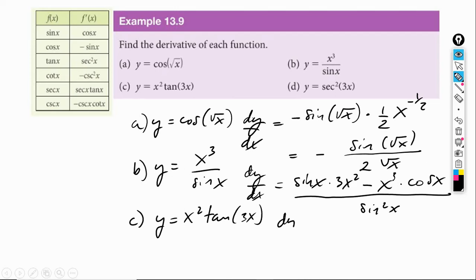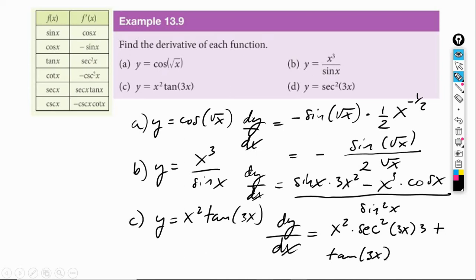So the derivative of this is going to be x squared times the derivative of tangent, which is going to be secant squared, in this case of 3x, times 3, which would be the derivative of the inside of that tangent function, plus the second factor, tangent of 3x, times the derivative of the first factor, which would just be 2x.